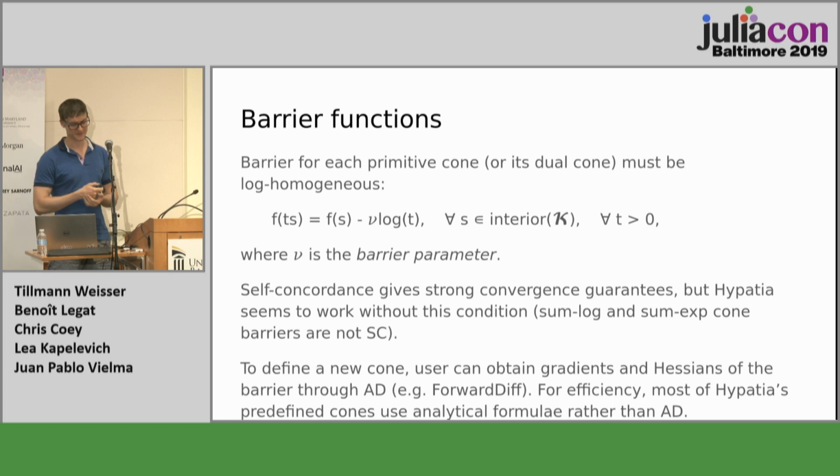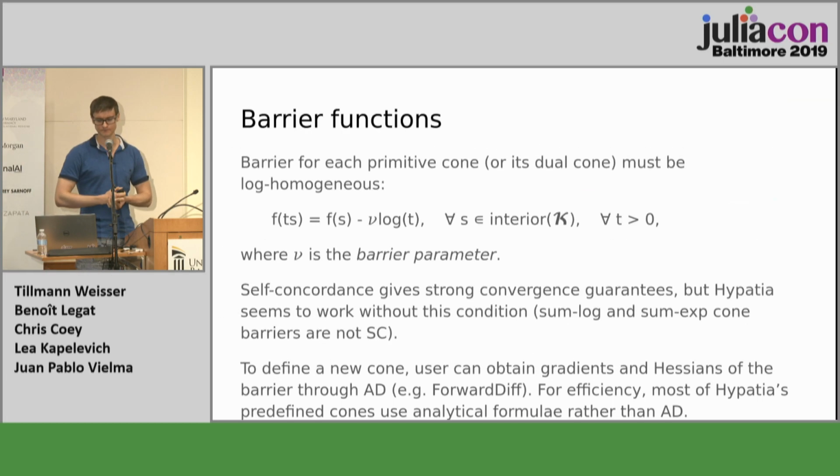Okay, so briefly about barrier functions. It must satisfy this logarithmic homogeneity condition here, which is fairly natural for cones, actually. And it should satisfy self-concordance, but we've tried barriers that are not self-concordant, and Hypatia still usually manages to, well, it always manages to run.